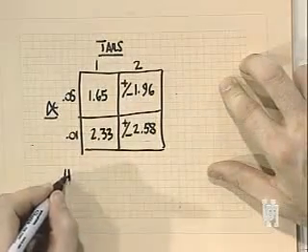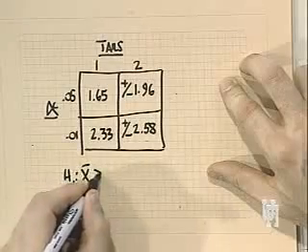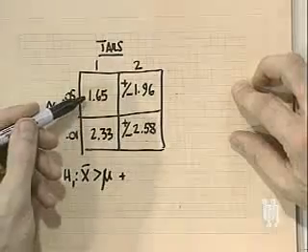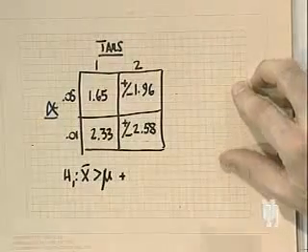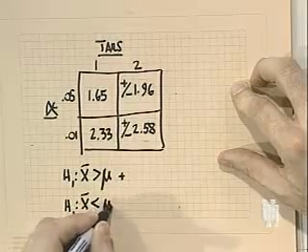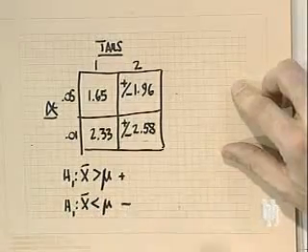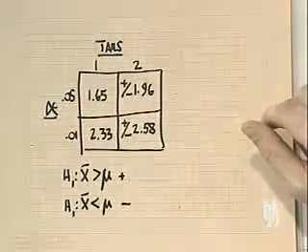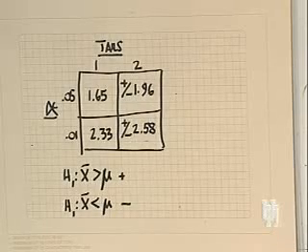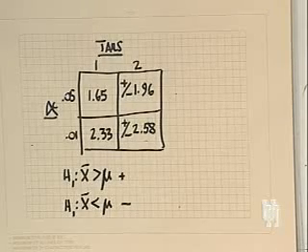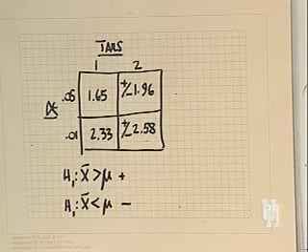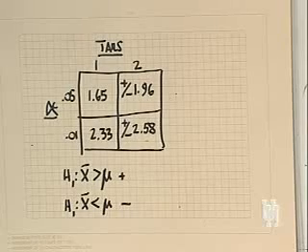If the research hypothesis is that x bar is greater than mu, that is, you're testing for positive difference, these values will be positive. If the research hypothesis is that x bar will be less than mu, that is, you're testing for negative difference, these two values will be negative. And that's all that it means in this table. Where you're testing the upper tail, you're testing for positive difference so that the critical value of z would be plus 1.65 or plus 2.33.